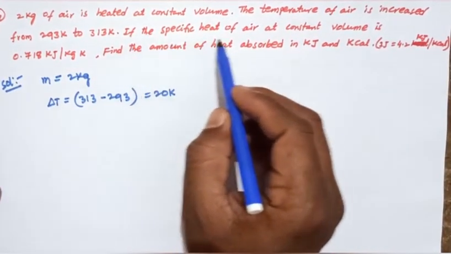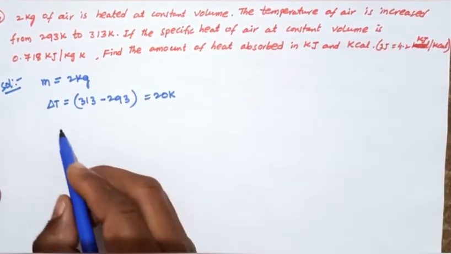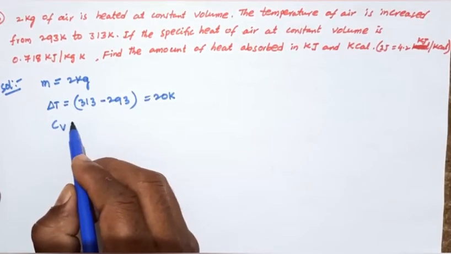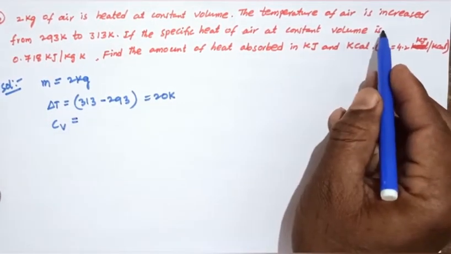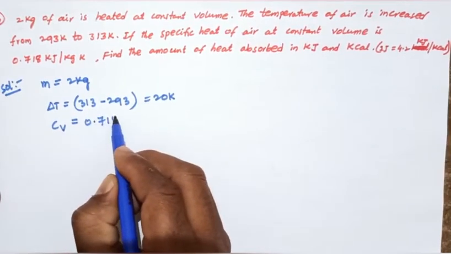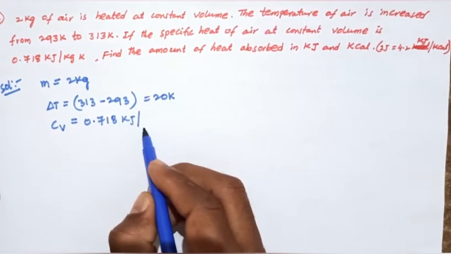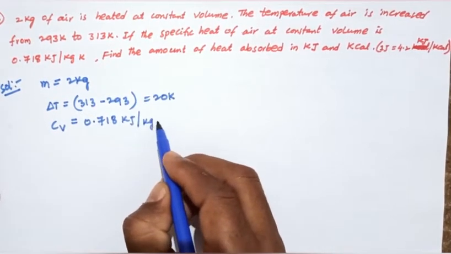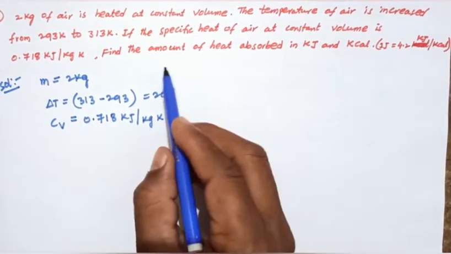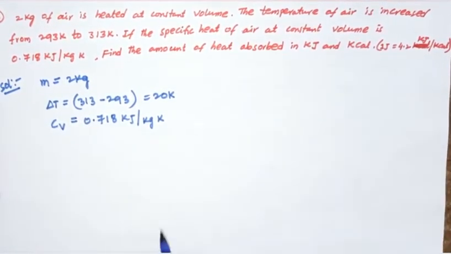If the specific heat of air at constant volume CV equals 0.718 kilojoules per kg per kelvin, find the amount of heat in kilojoules and in kilocalories.